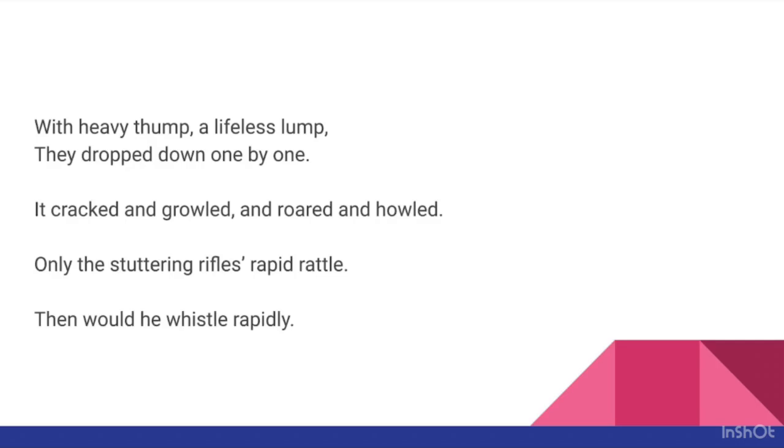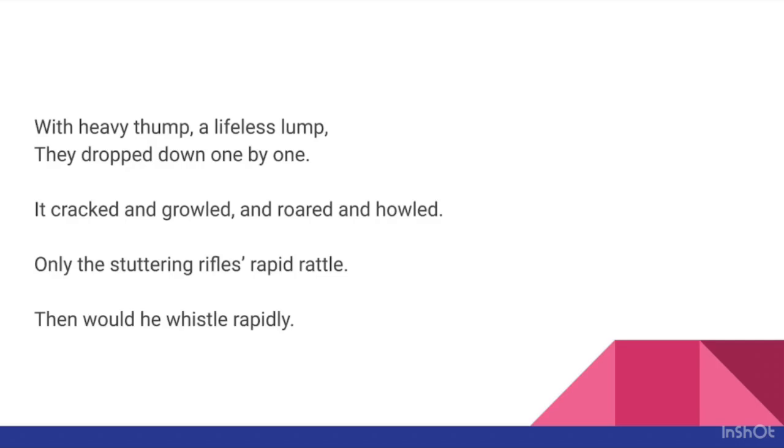So here you have two figures of speech in this particular line. One is euphemism: instead of saying they died one by one, the writer has said they dropped down. And the other figure of speech is onomatopoeia.